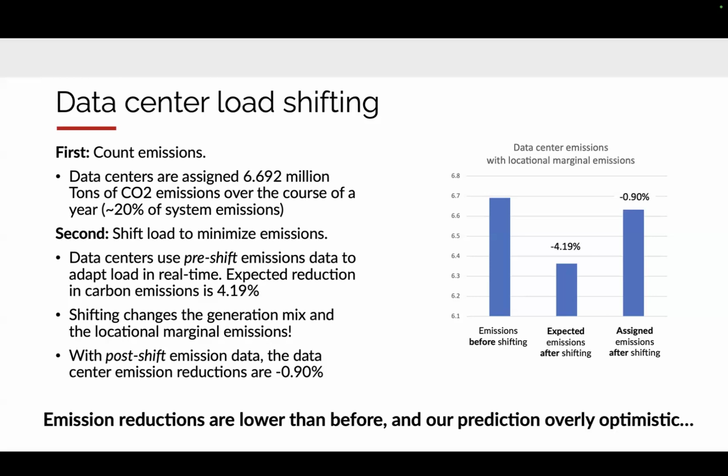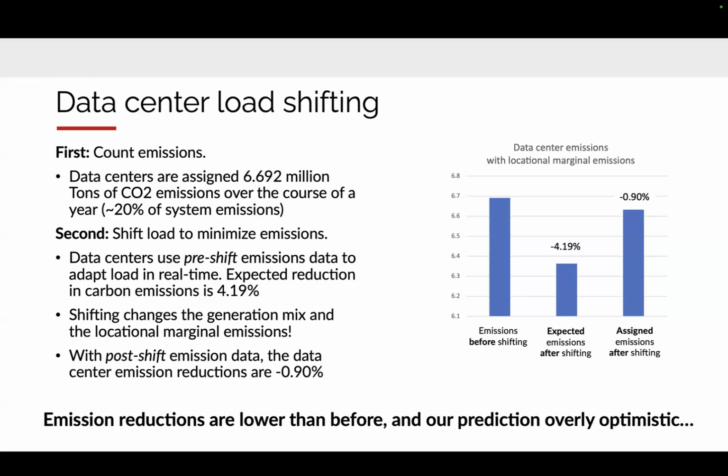So essentially, one takeaway you could take here is that emissions reductions now look lower than before. And our prediction here is a little overly optimistic. So this was a bit more overly optimistic than it was before. And so you could imagine that if a data center is allowed to choose, should I use locational marginal emissions or should I use the average carbon emissions?